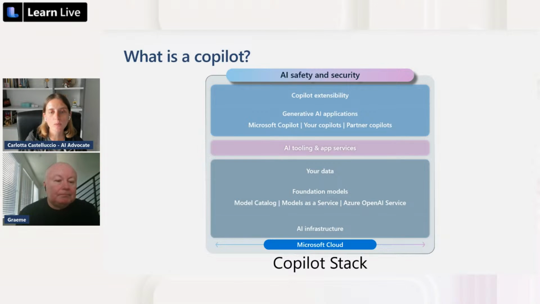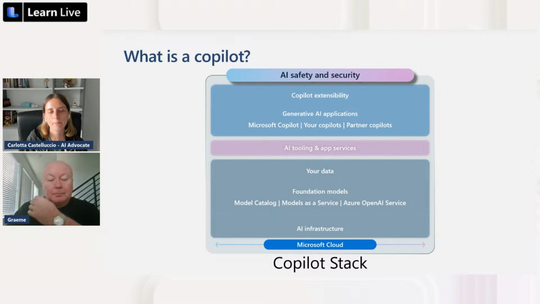And then at the bottom, we have the foundation of everything, which is, of course, AI. So basically, we select the most suitable pre-trained large language model for our application needs, from the Azure OpenAI service, for example, or the model catalog.